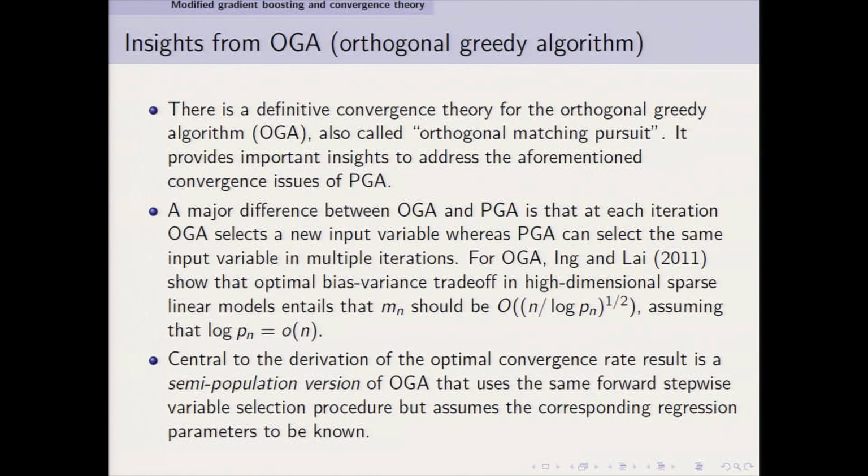So I've chosen m of these, and this is ỹ_m(x). But what I have finally chosen from my sample is ŷ_m(x), that's the OGA algorithm. The whole thing is to compare ŷ to the semi-population part, that is, when you know the parameters for your selected variables, and then compare ŷ to ỹ. That was the basis of our analysis.